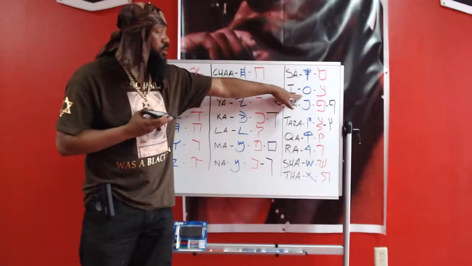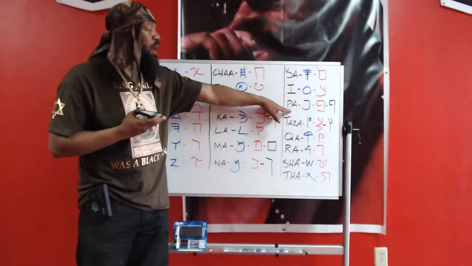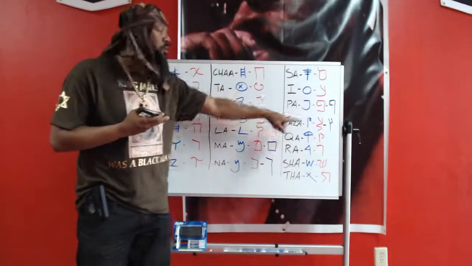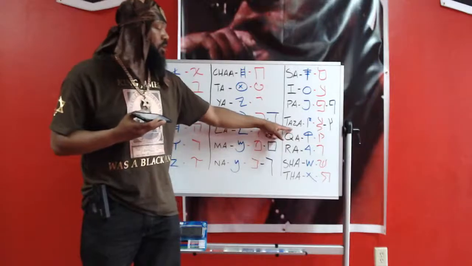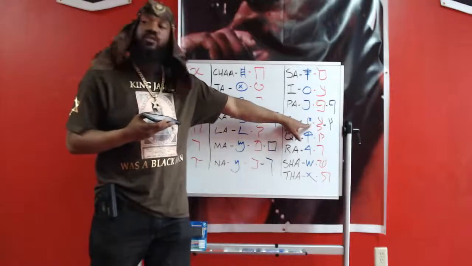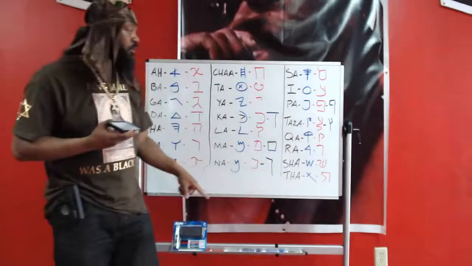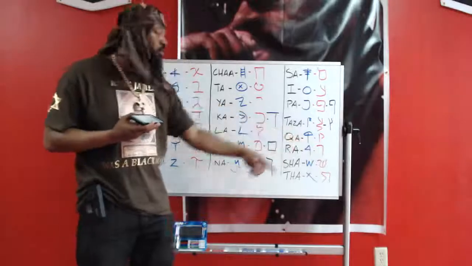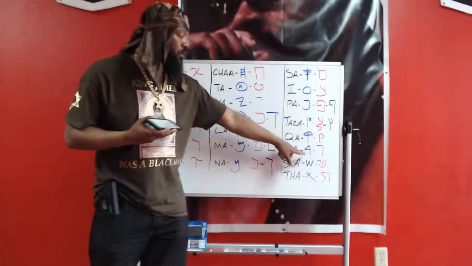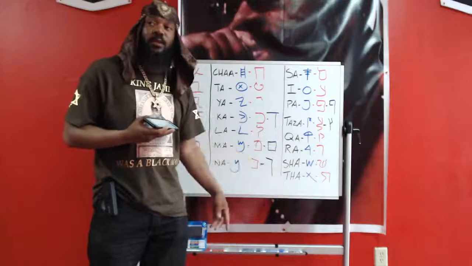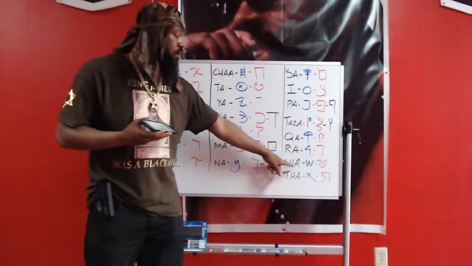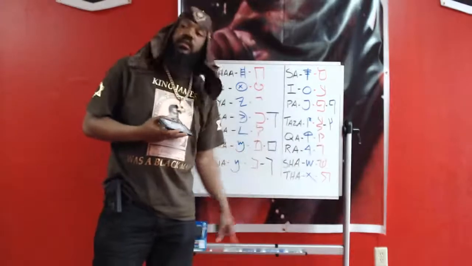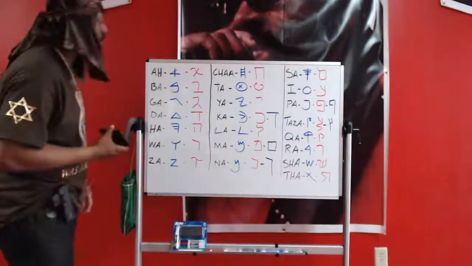I, the letter O. Pa, it's going to look like the English J. Taza, line, small Z at the top. Qua, it's going to look like a mushroom. Ra, it's going to look like number 4. Sha, English W. Tha, T on the side.